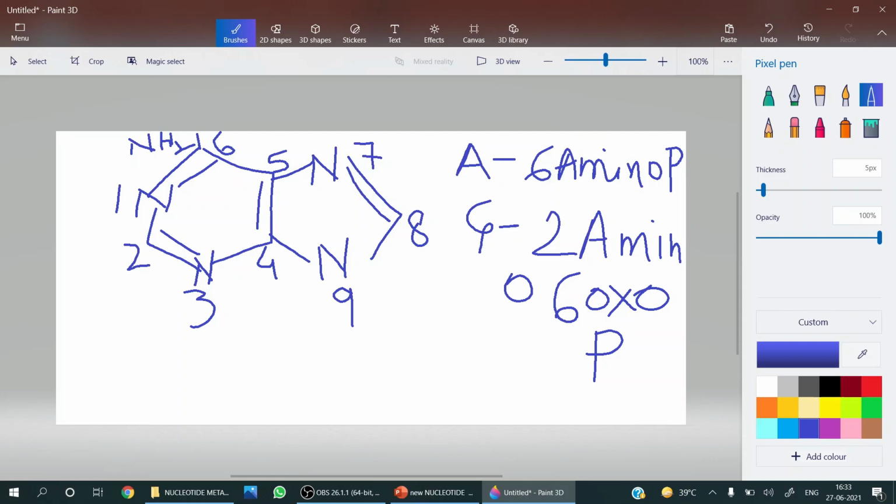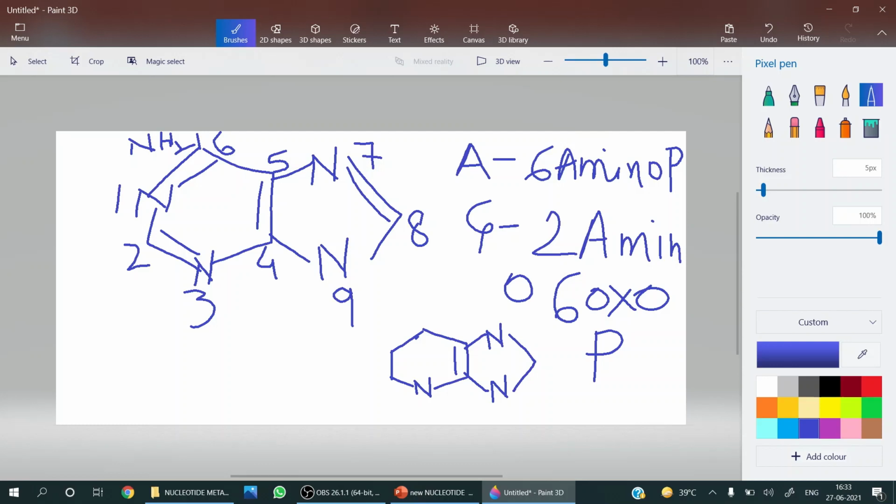Guanine is 2-amino 6-oxo. So in this case, how will you make this structure? Like this.